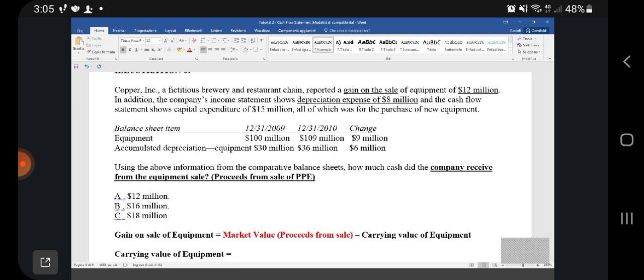That means that the carrying value of any equipment, of any asset, is the difference between historical cost and accumulated depreciation.